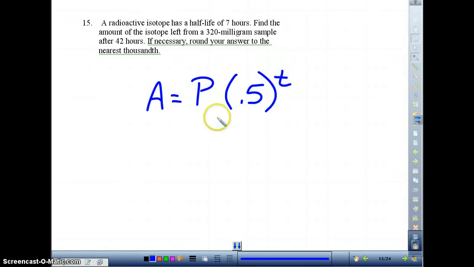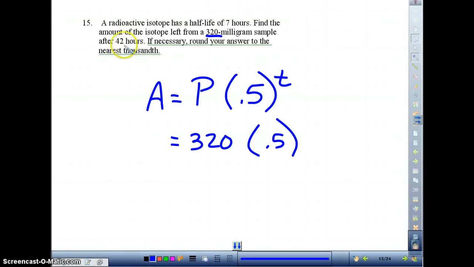Now remember, T is not time. Time is the number of half-life cycles in a given time period. All right, so our initial amount was that 320 milligrams. Okay, a radioactive isotope has a half-life of 7 hours.